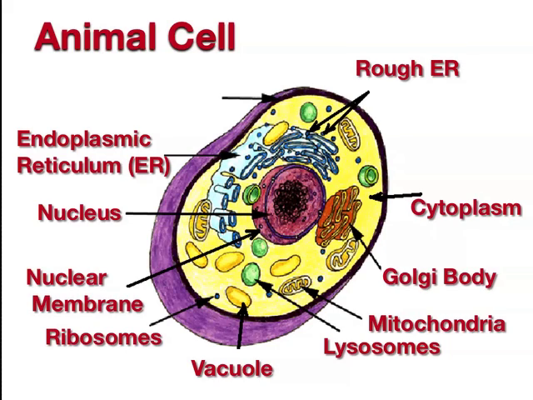Yeah, ER it says here, but I would say smooth ER if it was pointing here, because you know the difference between rough and smooth. How about this last one? Membrane? That's the cell membrane.